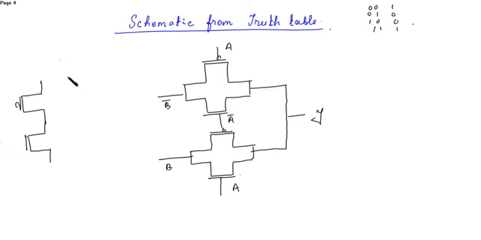Okay, this is input A, this is the output A bar. Similarly, we need one more inverter.